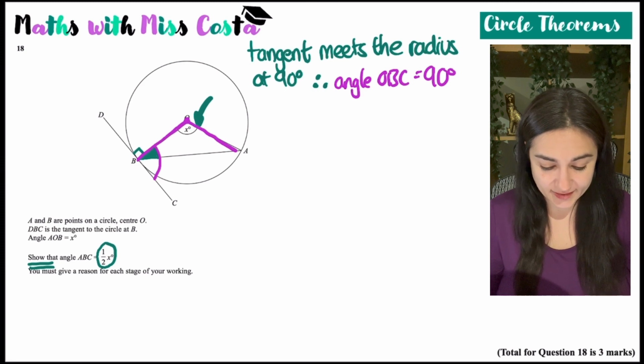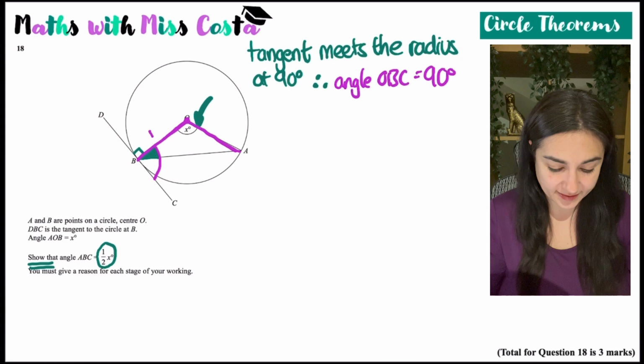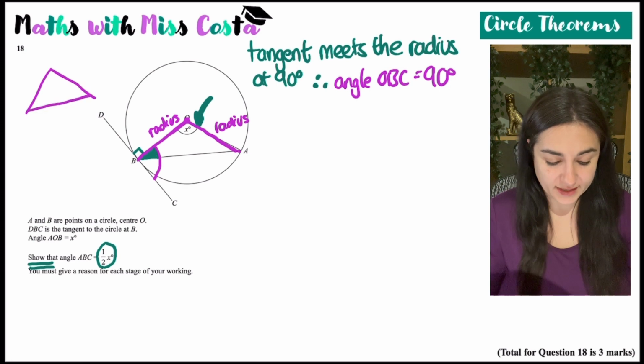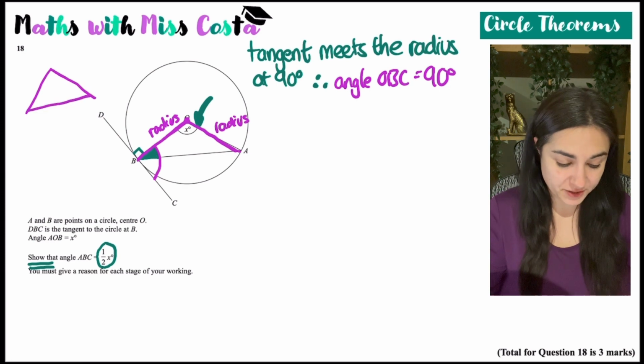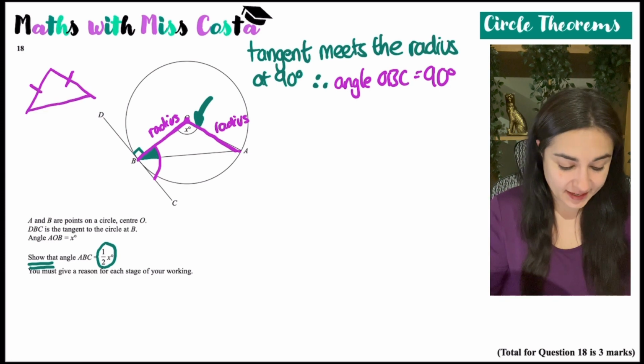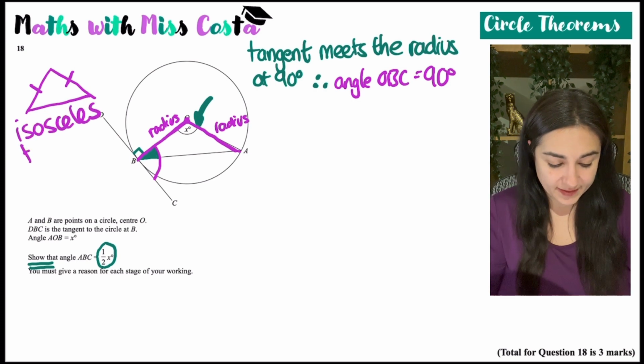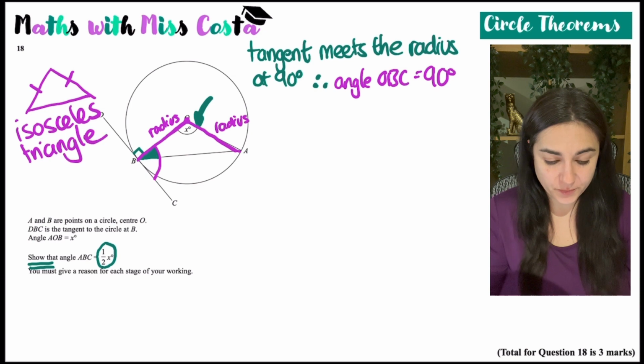And this is the center and that's the outside, so this is also a radius. Okay, so whenever a triangle in a circle is formed by two radii, it is an isosceles triangle. And the key thing about an isosceles triangle is that the base angles are equal.